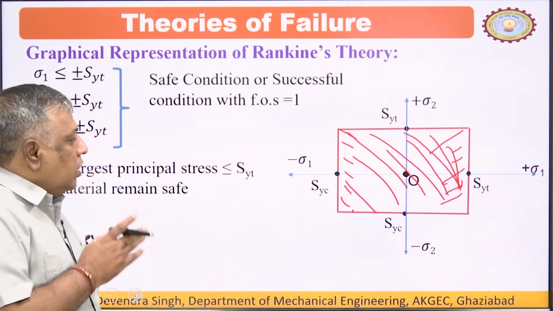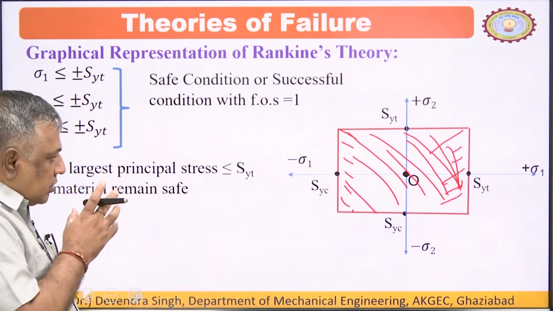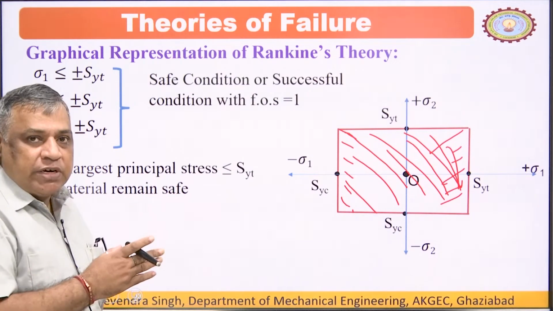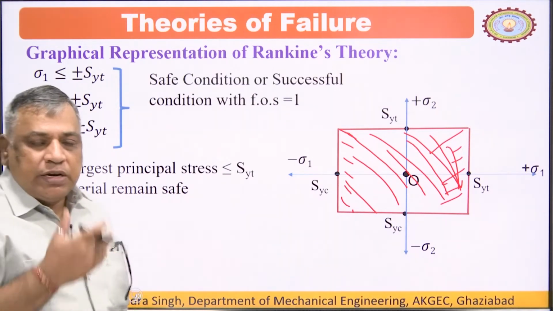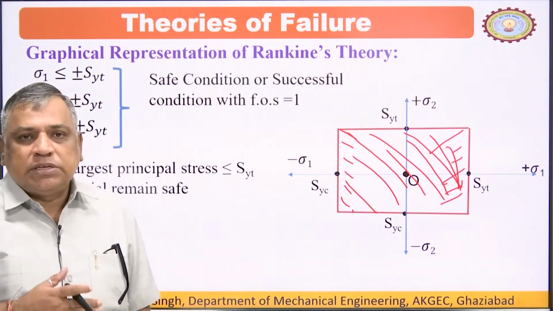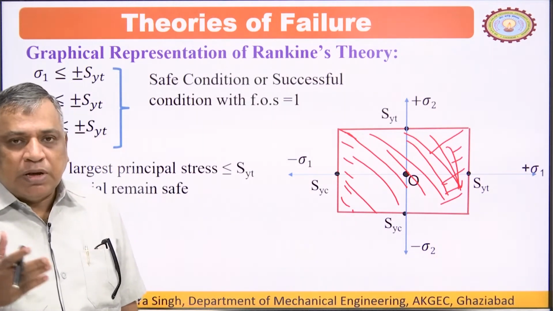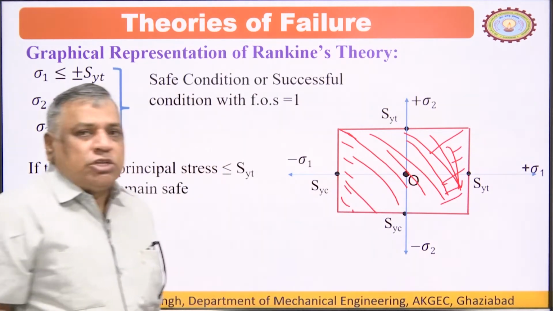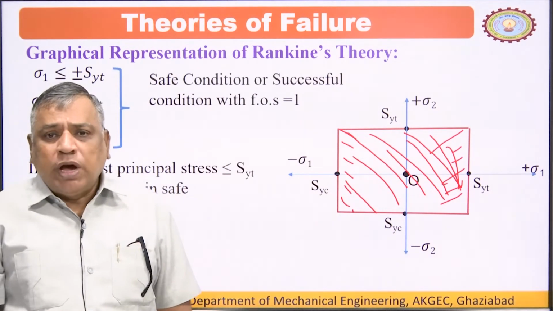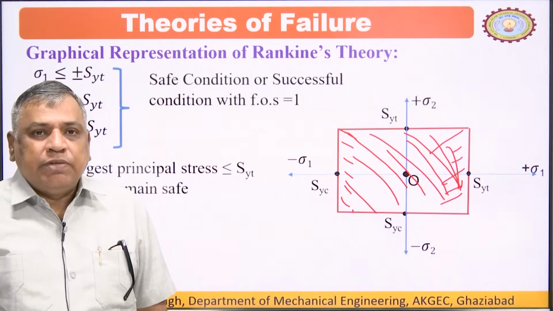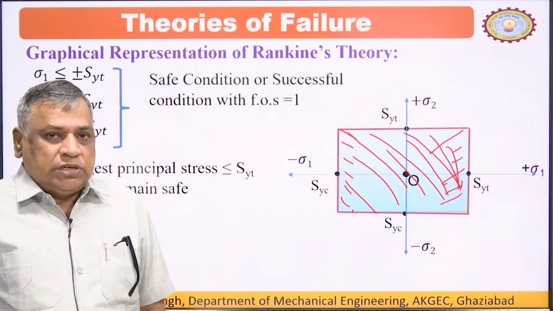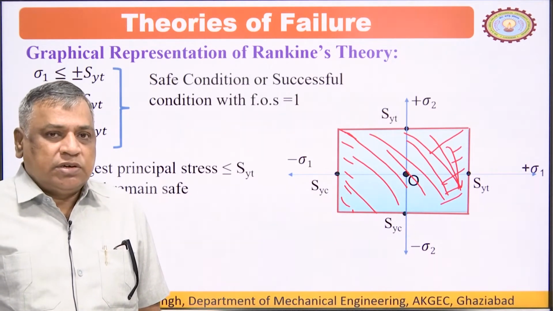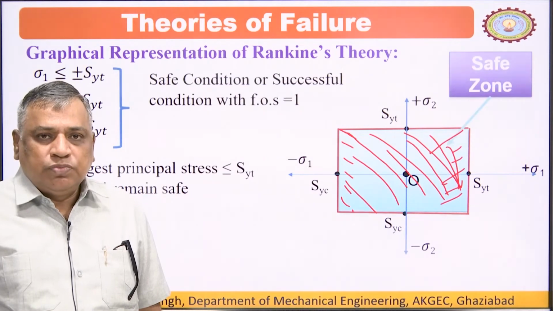If you want to design something with a desired factor of safety, then you have to divide the failure stress by the factor of safety, and you will get a smaller rectangle, so a smaller square for the safe design. So, this colored zone is the safe zone.